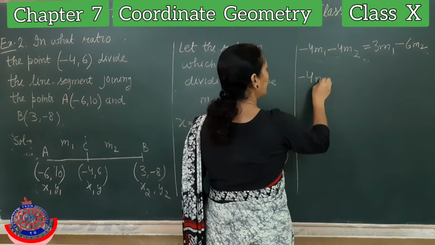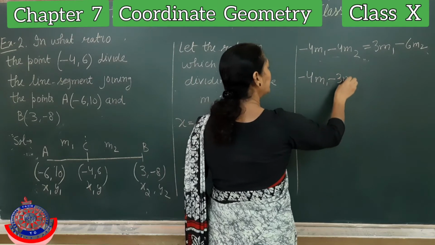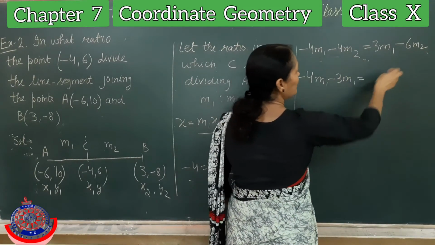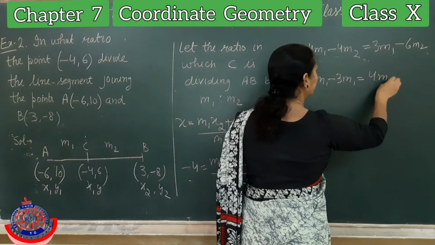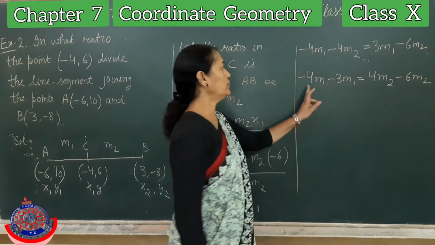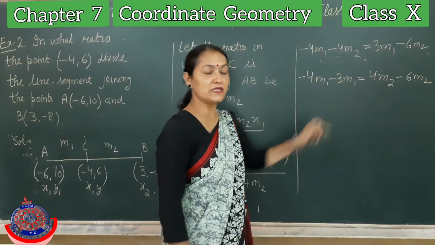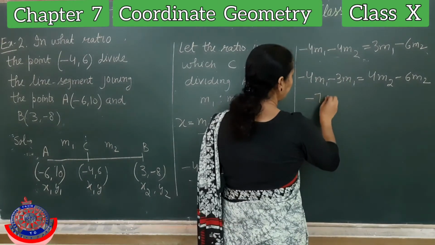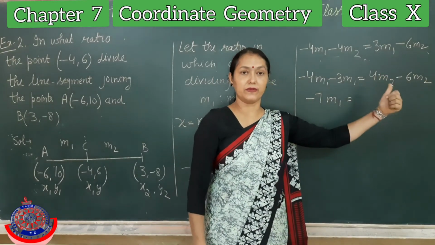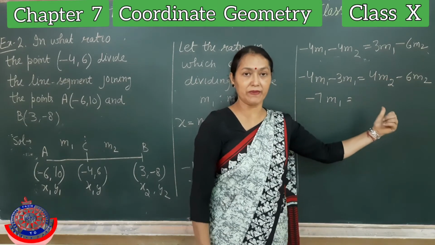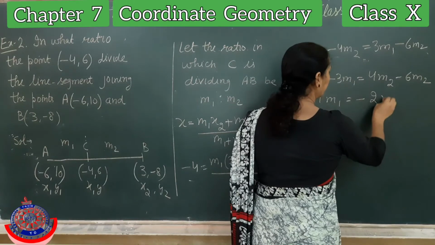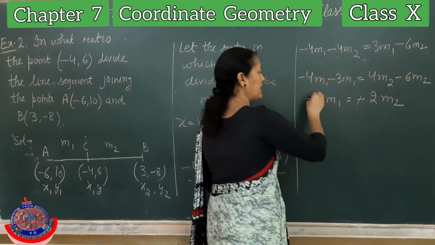So minus 4 m1 minus 3 m1 equals to, this minus 4 will become plus 4. Now this minus 4 and minus 3 will give us minus 7. Here 4 and minus 6, one positive, one negative, subtraction will be there and sign of bigger. So minus 2 m2. Minus and minus sign got cut.